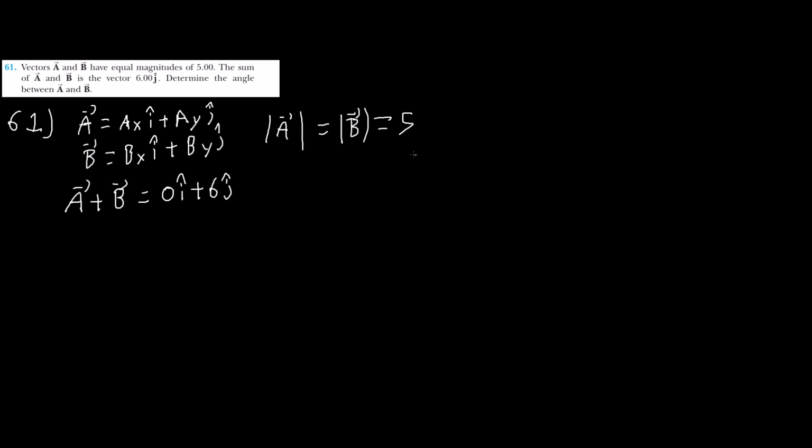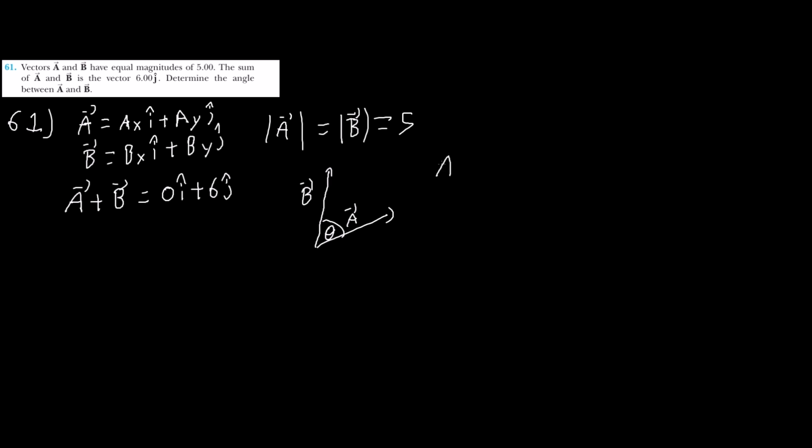Anyways, so I'm going to just use the dot product. So we're going to put the A vector and B vector, and we're going to use the dot product. And since they're going to be equal magnitude, this forms a circle of whatever the answer of the angle is.